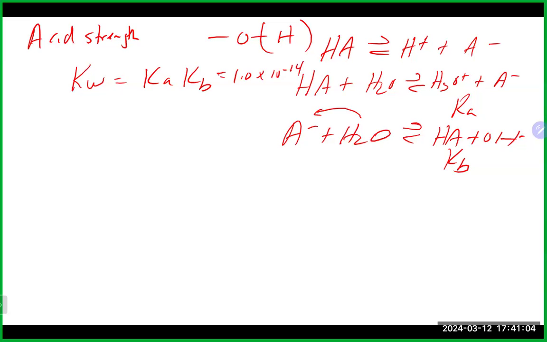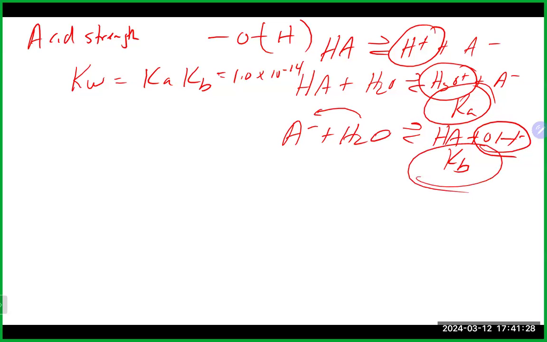People always have a problem with when you should use which one, and it's pretty straightforward. This is why it's important to be able to write equations correctly. If you write an equation and you have H plus, or H3O plus, on your product side, you should be using a Ka value. If you see OH minus, you should be using a Kb value.